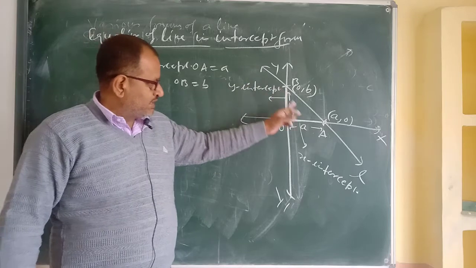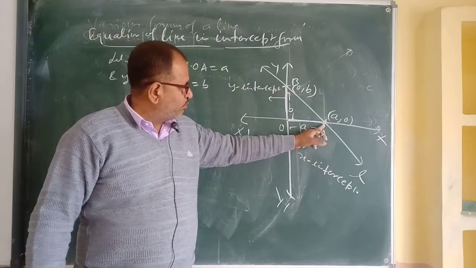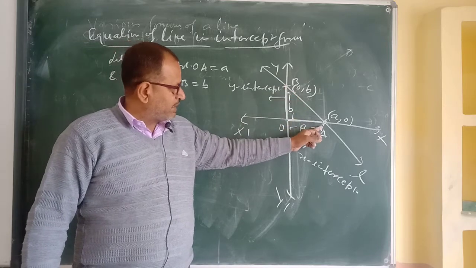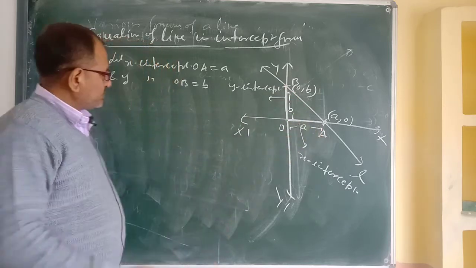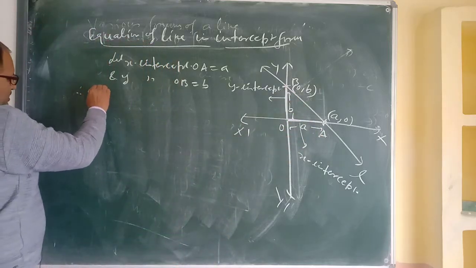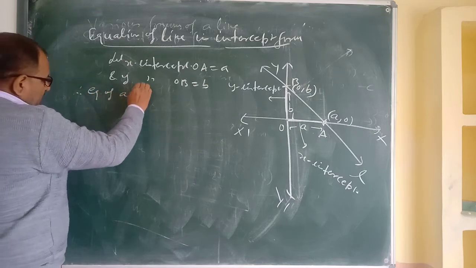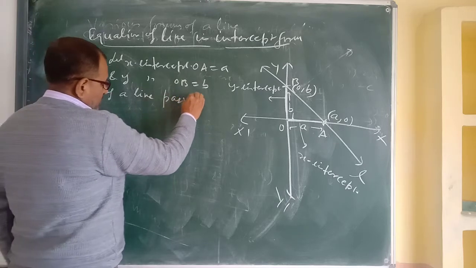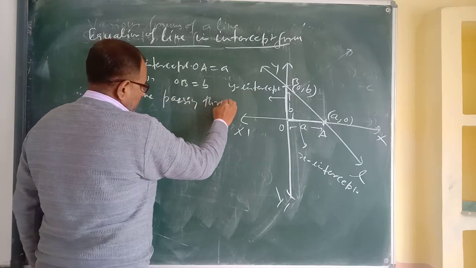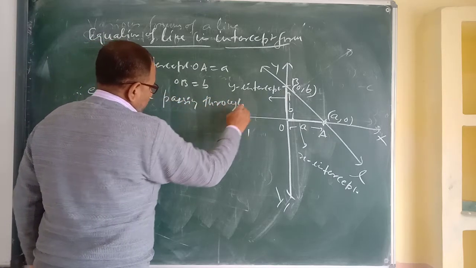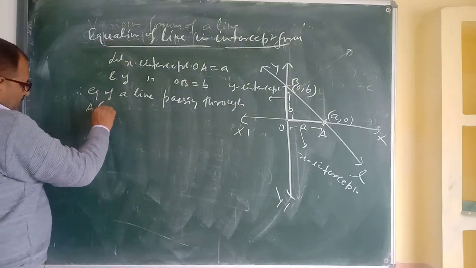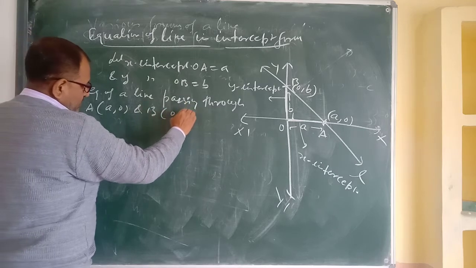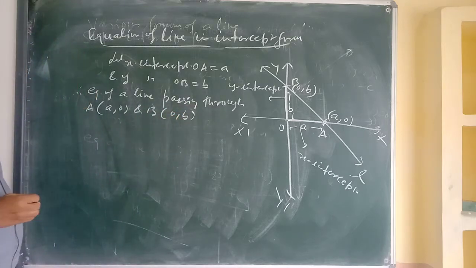So we see that this line L passes through 2 points A and B. So we can write the equation of a line passing through 2 points. Therefore, the equation of a line passing through A, whose coordinate is (a, 0), and B, whose coordinate is (0, b).